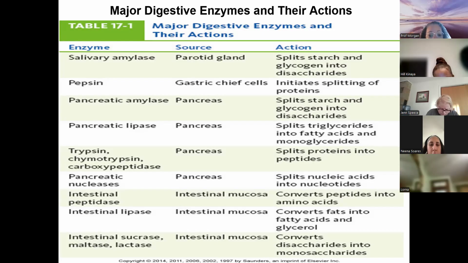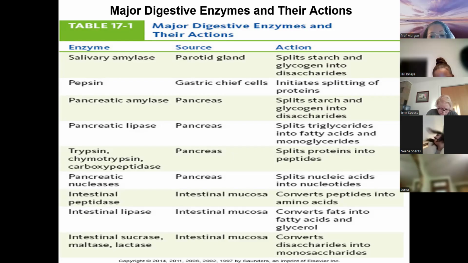Lipase is going to help break down the fats. The amylase is going to help break down the carbohydrates. Then your trypsin, your chymotrypsin, your carboxypeptidase, these help to break down your peptides by splitting your proteins into the peptides.